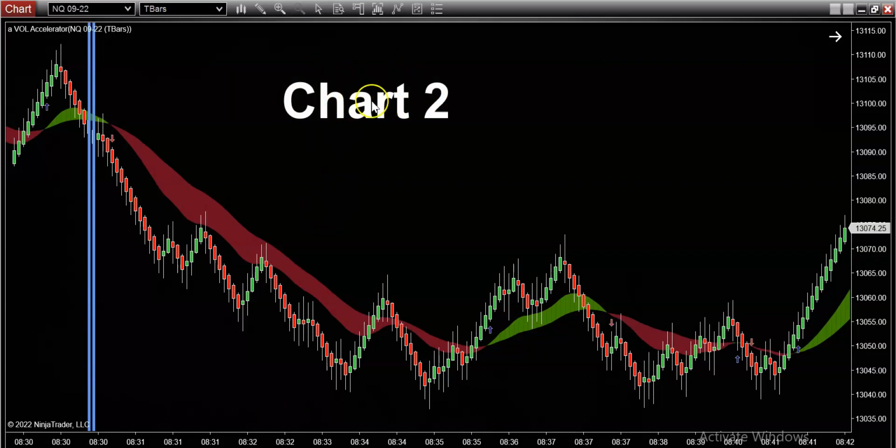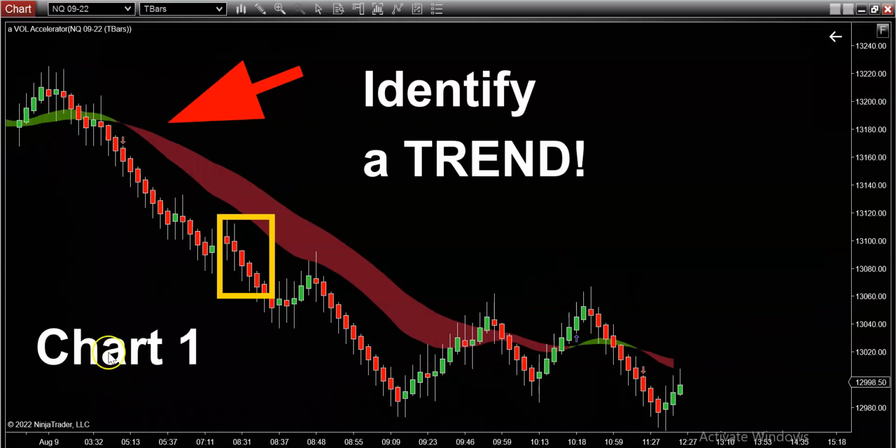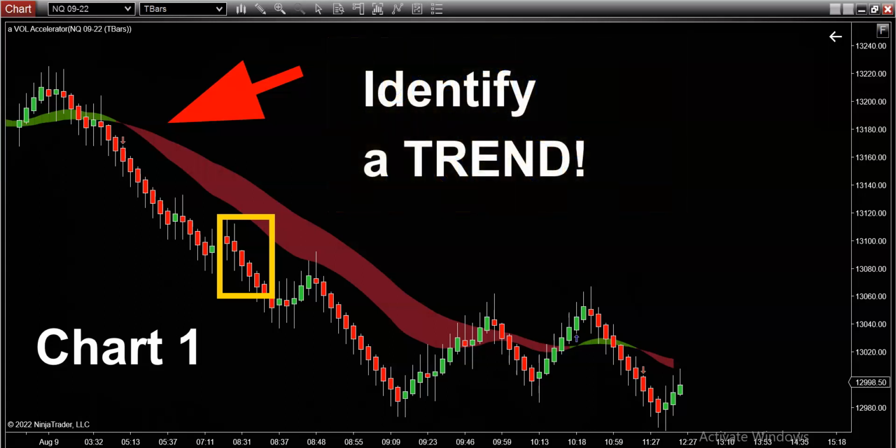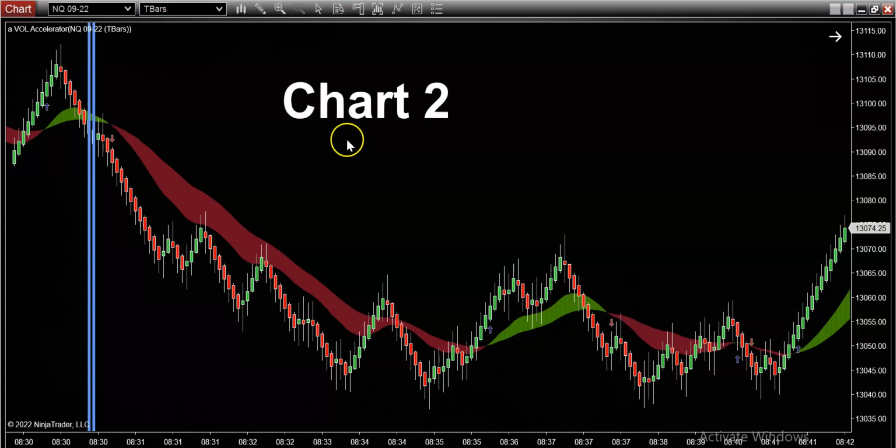Okay, and so when you're on the smaller time frame chart and you've identified the market open, you want to pick the potential direction on how you want to play the market, and in order to do that, you need to refer back to chart number 1. Right? Because this tells you the prevailing trend of the day. And since this volume indicator is red, we are going to potentially be looking for only short opportunities on chart number 2. You with me?